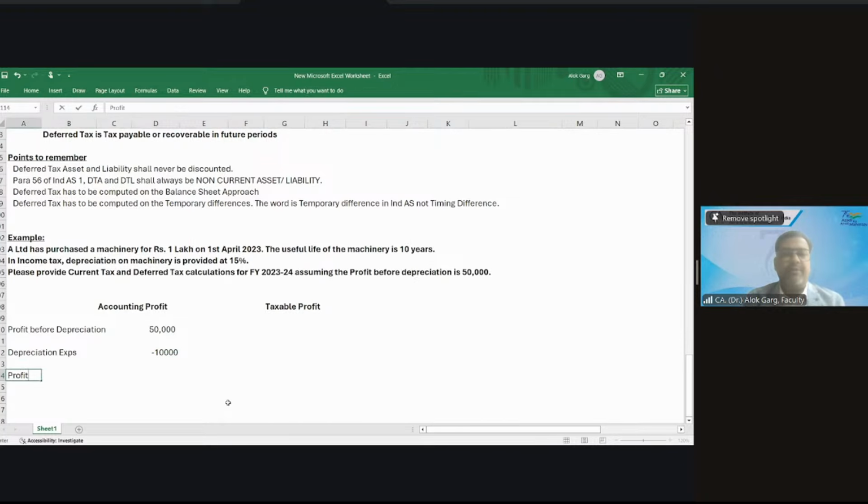What is my profit before tax? It is 40,000.